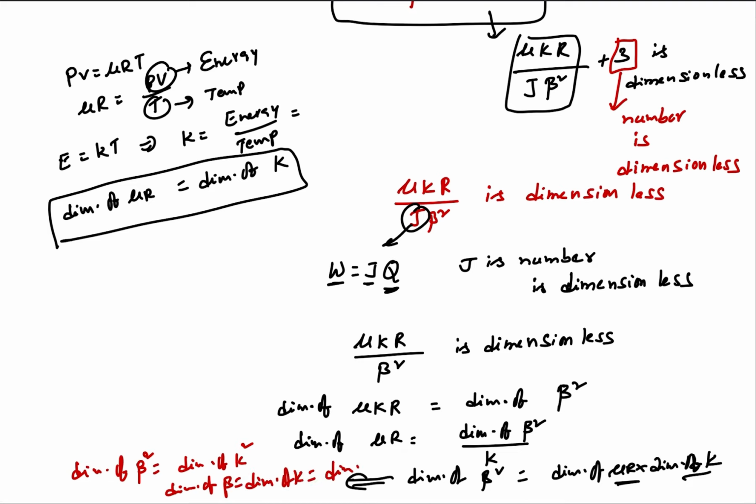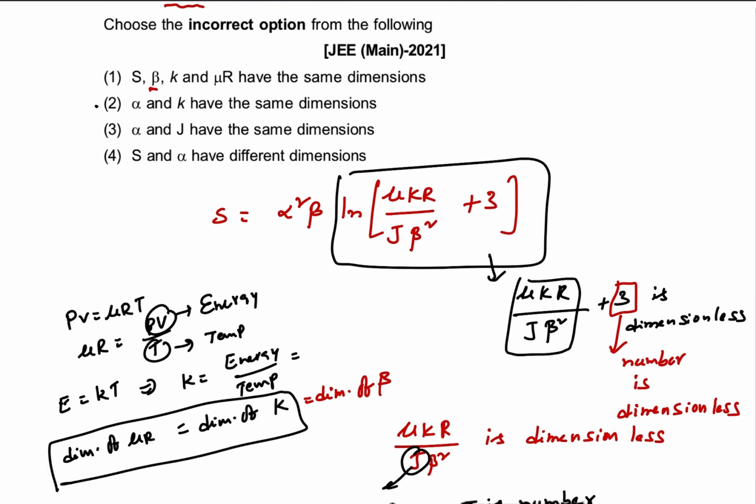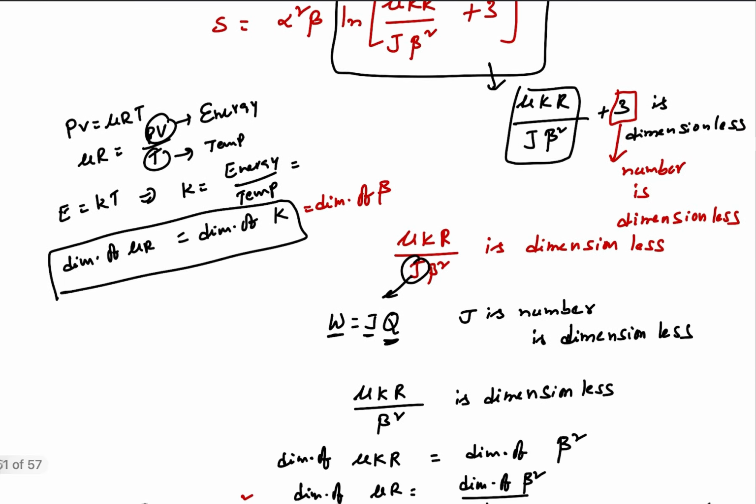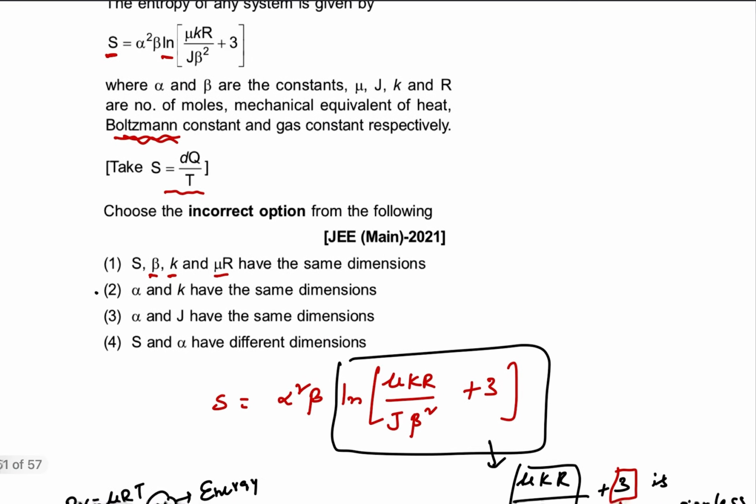So dimension of beta is equal to dimension of k, that is equal to dimension of mu r. You check that this is the dimension of beta also. Next one, you can see beta k is mu r.